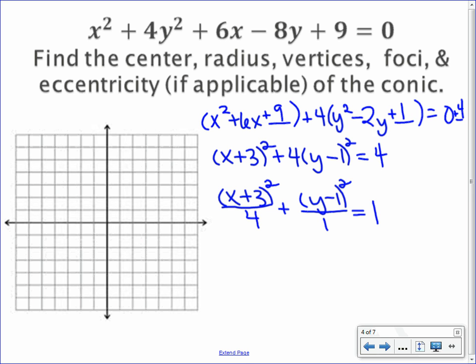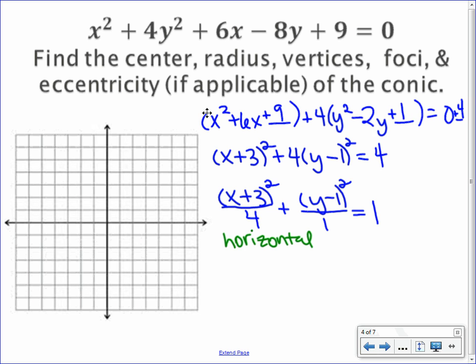I'm putting it to emphasize a squared and b squared. Okay. So where do we have the bigger number, with the x or the y? With the x. So this ellipse is horizontal because the bigger number is with the x. X we associate with horizontal. Right?